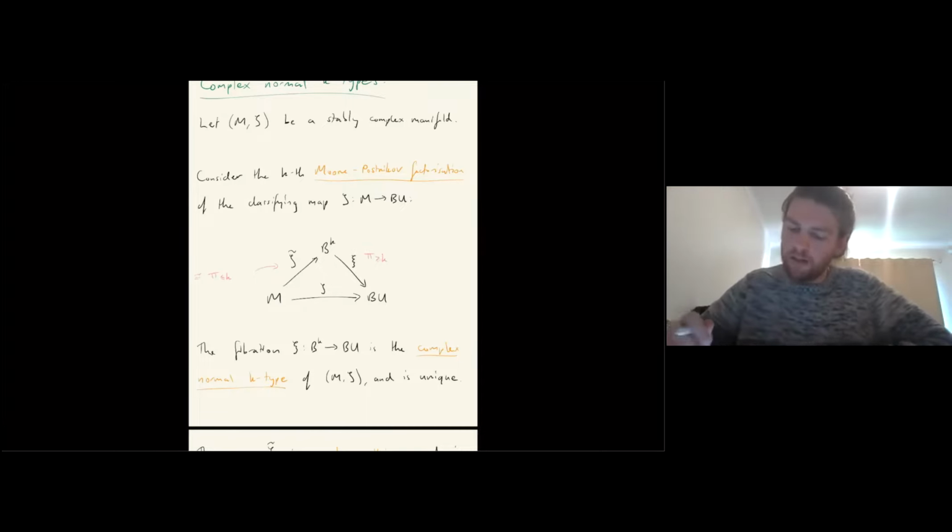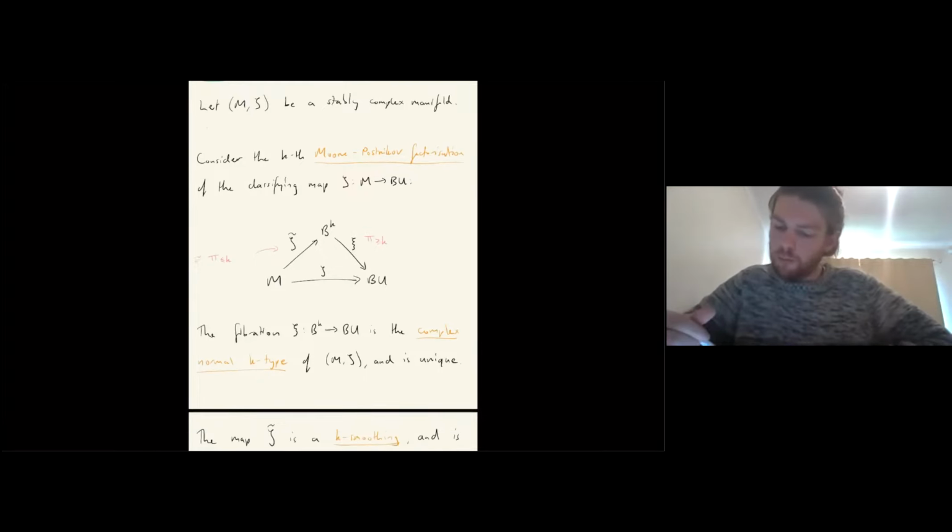It turns out that this map on the right is unique in some sense, and we call that the complex normal k-type. So given a stable complex structure, you get this as an invariant of that stable complex structure, the complex normal k-type.